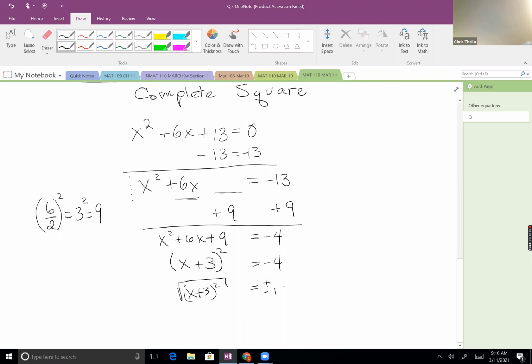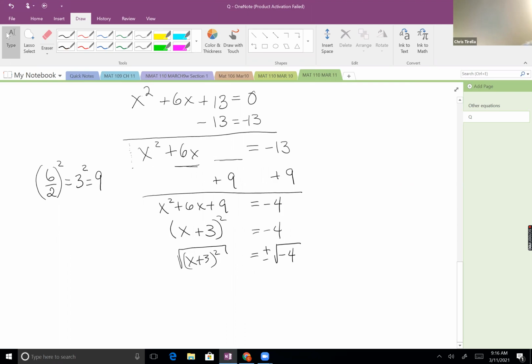But we have to remember that constant side has 2 roots, a positive and a negative, which gives me x plus 3 equals plus or minus the square root of -4, which would be 2i. And then when I subtract 3 from both sides, I get x equals -3 plus or minus 2i. We'd separate those into -3 plus 2i or -3 minus 2i.